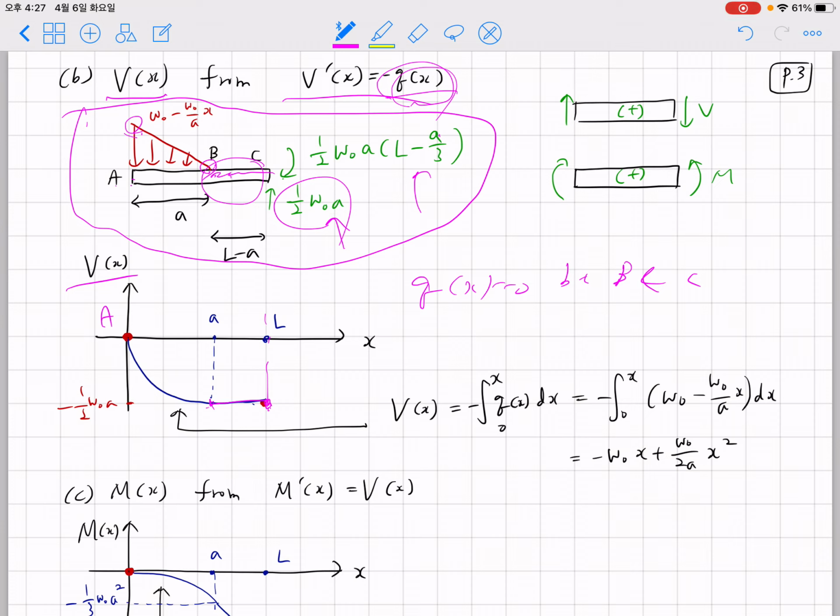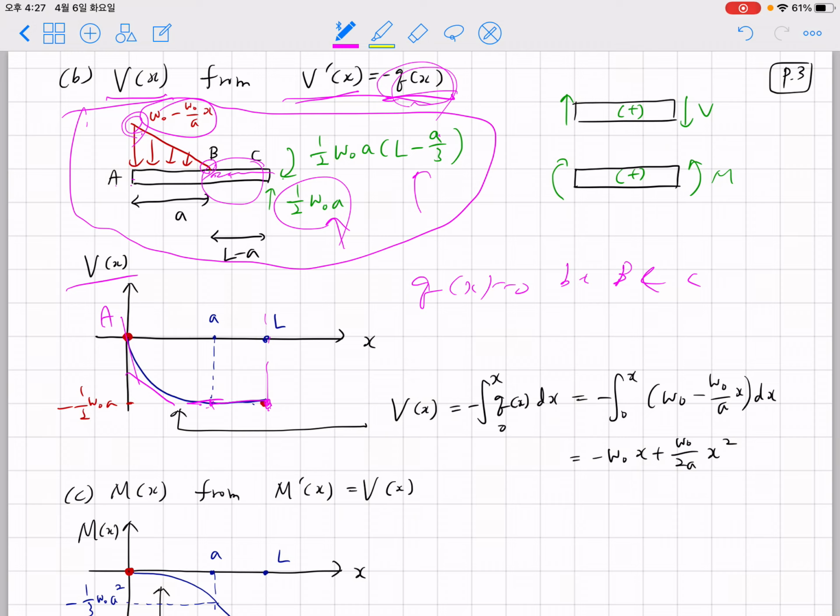And Q is a positive number because it's downward. So because Q is positive, V prime must be negative. It begins from a large negative slope, then a smaller negative slope, and as it approaches A, the slope must be 0. Okay, so this is how you can draw V.